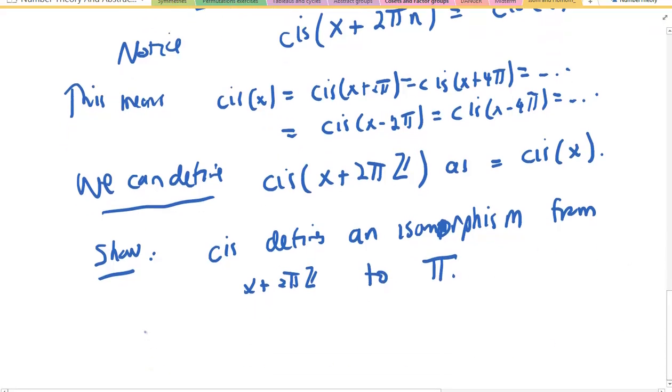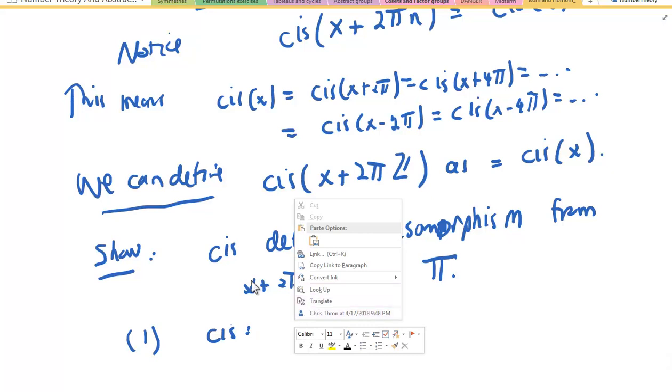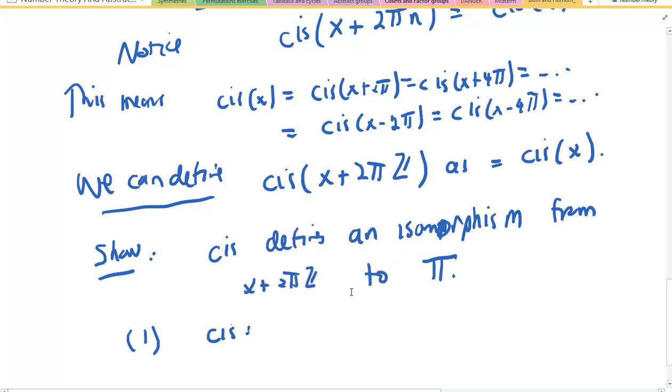So you have to show two things. First of all, you have to show that cis from... I shouldn't say x plus 2 pi z. I should say it this way. I really should say it, the set of cosets, which is the set x plus 2 pi z. And you can write that as R mod 2 pi z.